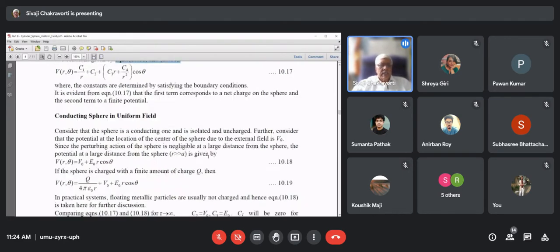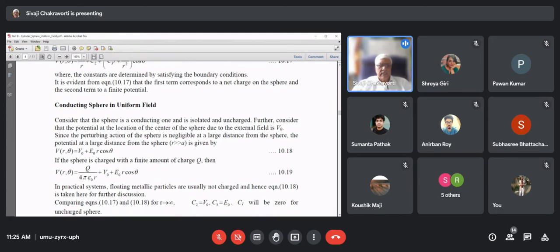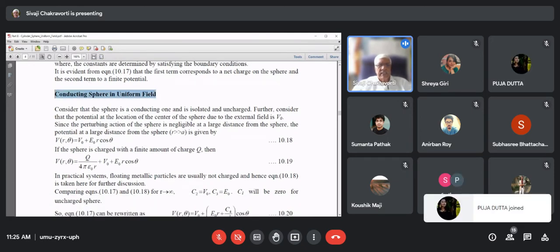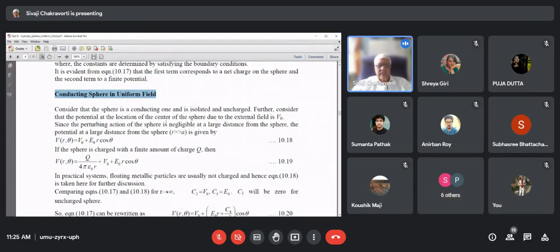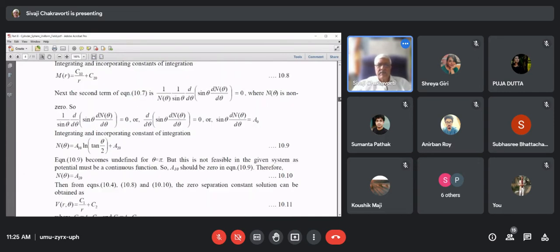Now, when I do that, see, if this R is very large from A, somewhere here, look at my mouse, somewhere here, can I get the potential at this point? Answer is yes. How? Let's say the potential at the center of the sphere is V0.